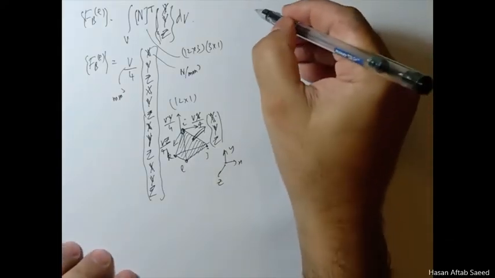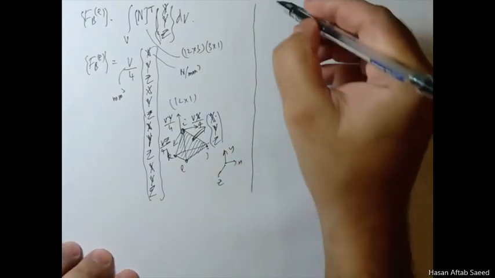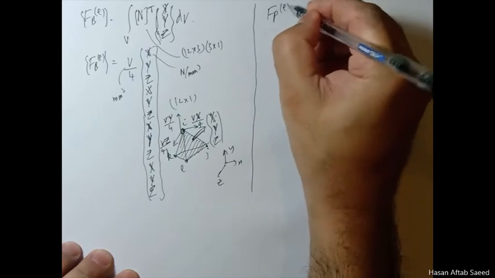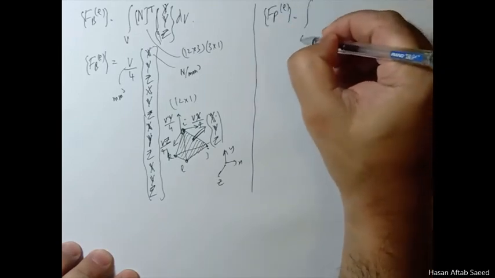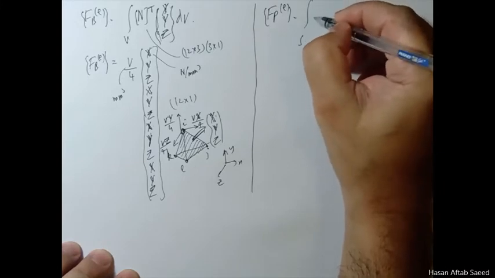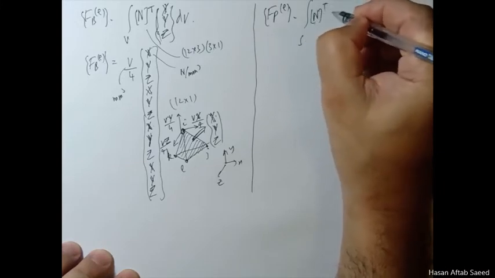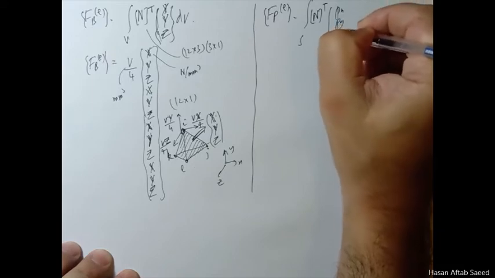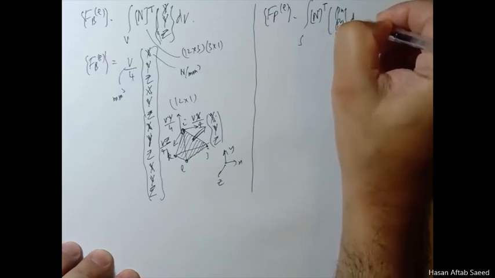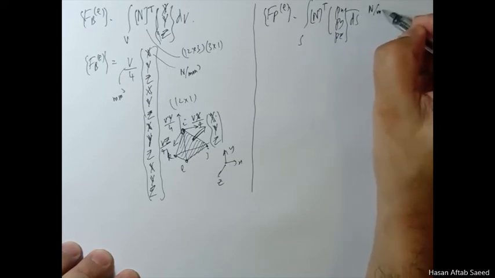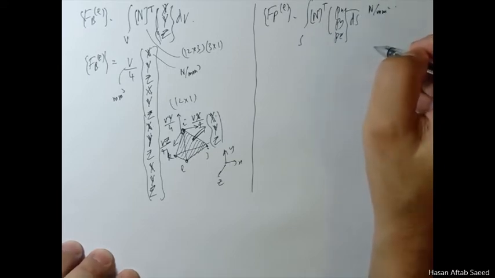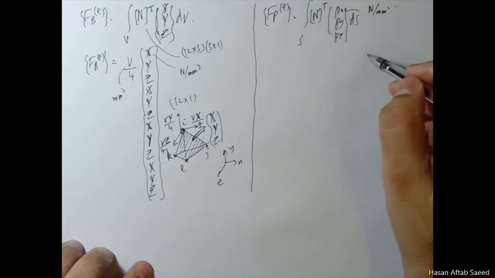So now it takes us to the final one, the pressure force, and this is a surface integral, unlike the body force. What we're talking about here is that these forces are in Newton per square millimeter.